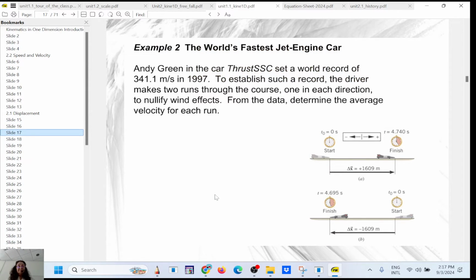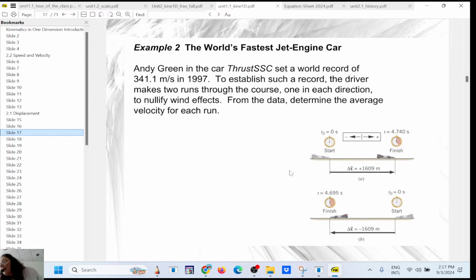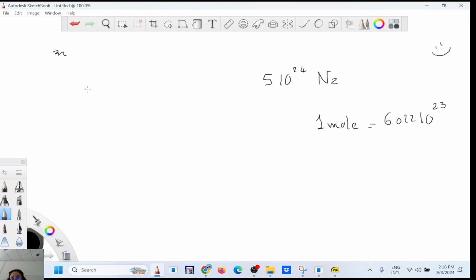Okay, so let's do this one. I'm missing the definition of velocity. I'm missing a slide, so I'm going to add that. The definition is that velocity here is a vector, which is why I have a little arrow on top.